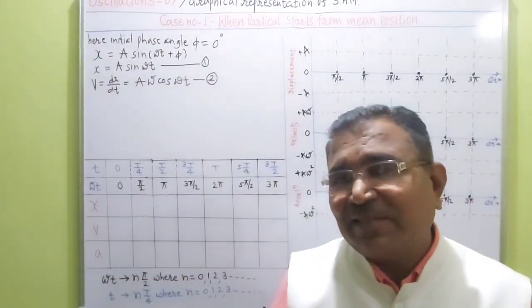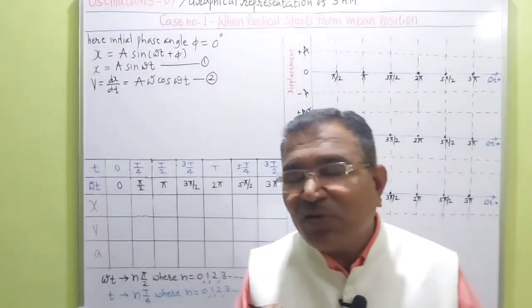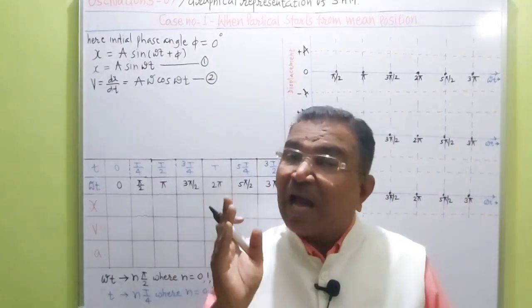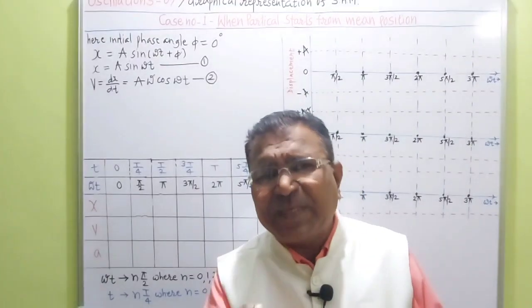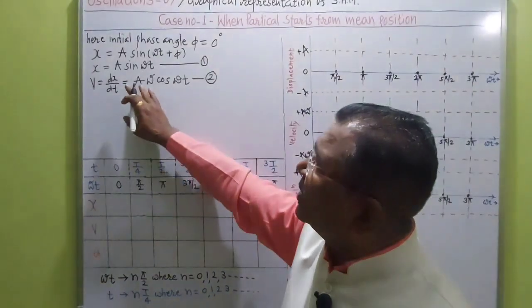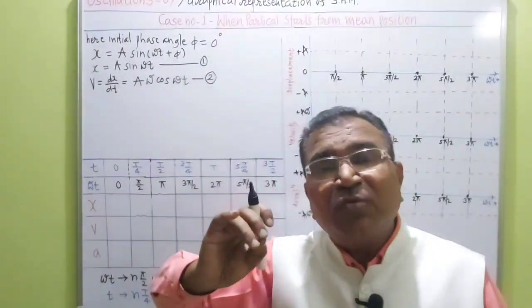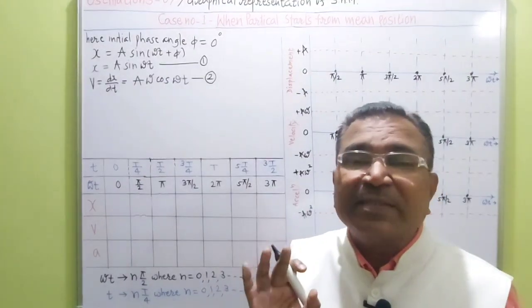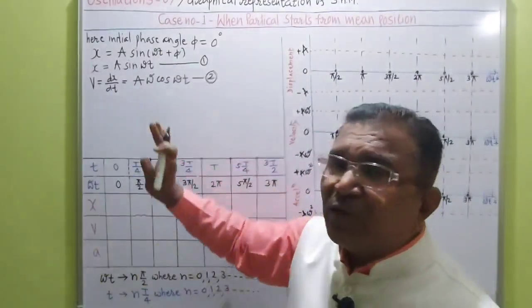Now acceleration. I have already told you that acceleration is denoted by small a and amplitude is denoted by capital A. Remember this thing. Now we have to calculate acceleration, so we have to write the formula of acceleration. Take the derivative of velocity now.